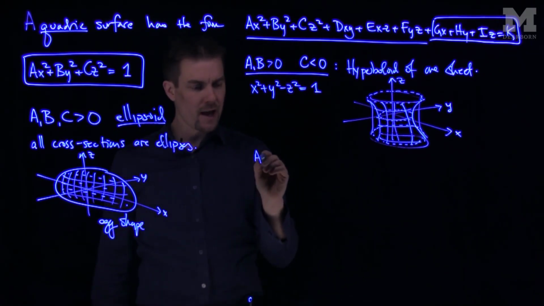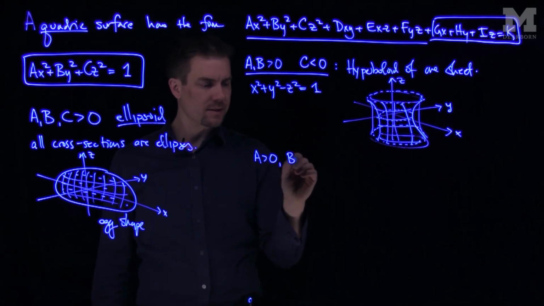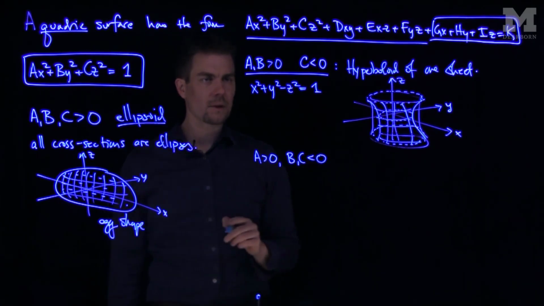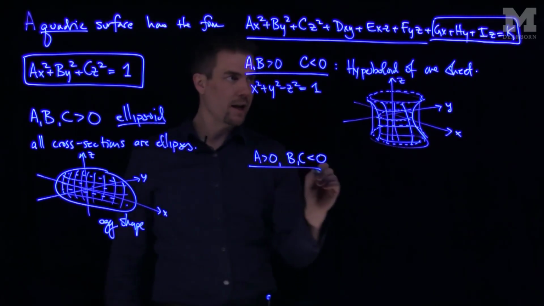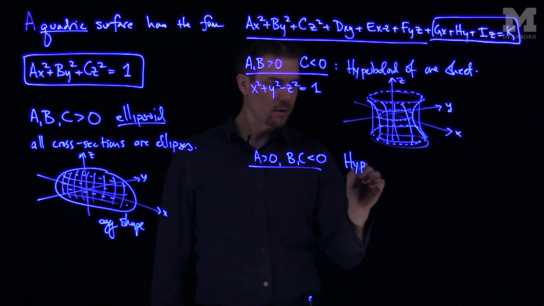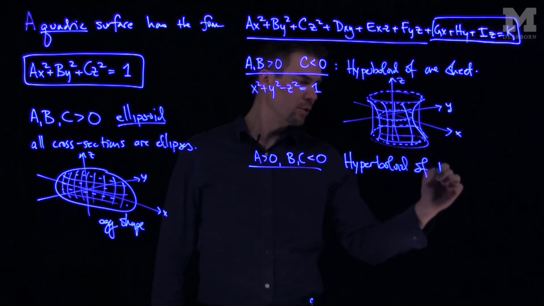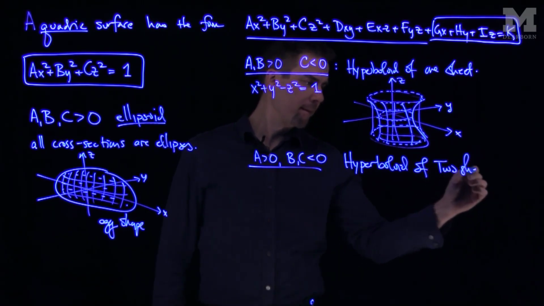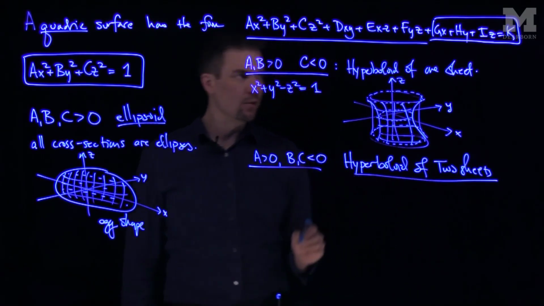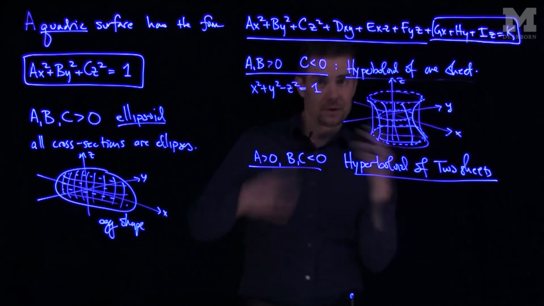Now, if, for example, a is greater than 0 and b and c are less than 0, then what we'll get is a hyperboloid of 2 sheets. In this case, there's a range where there's a gap.